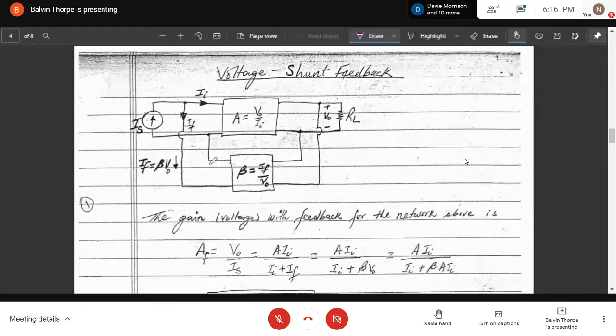However, notice, ladies and gentlemen, that the output of the feedback network is connected in parallel to the input quantity. And the input quantity here is current. Current is the only thing you can connect in parallel, not voltage, because of how current splits.